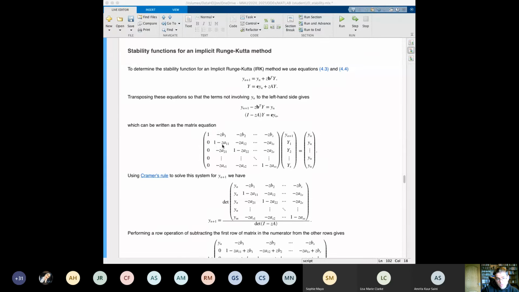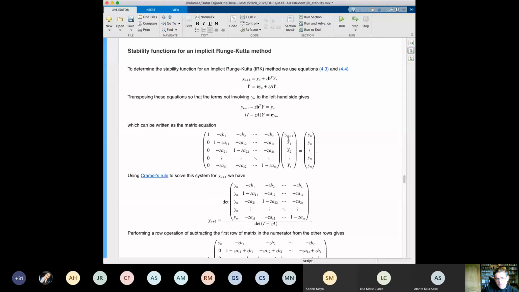So 1 minus ZA, Y1, 1, etc. This submatrix here is I minus ZA multiplied by Y, and that gives the e to the YN there. If we had S stages, this is an S plus 1 by S plus 1 coefficient matrix.